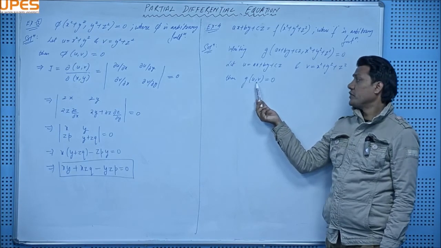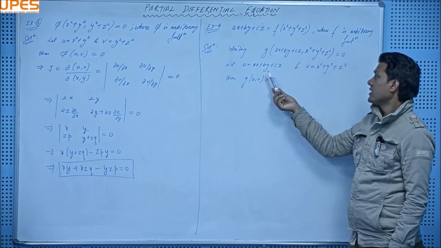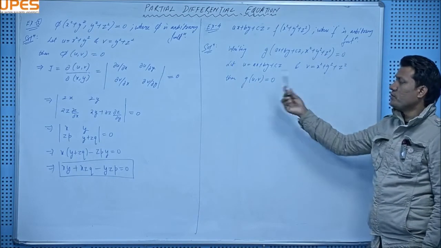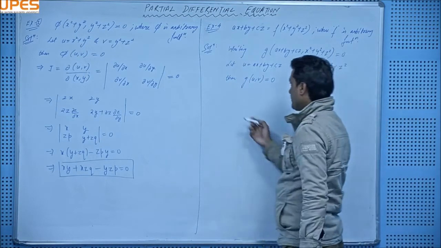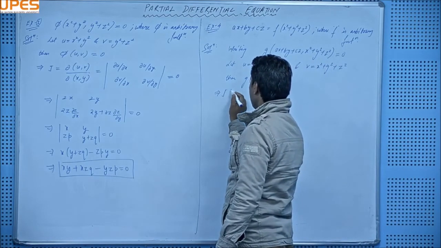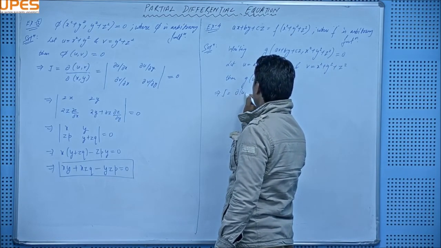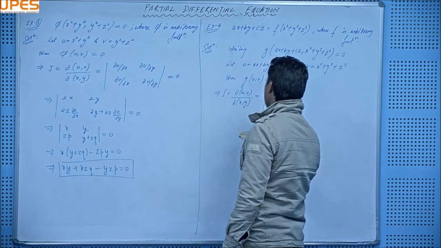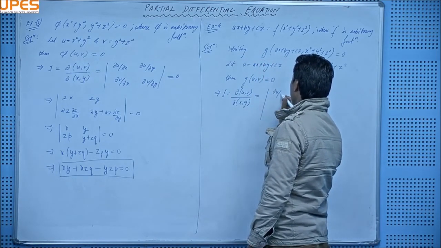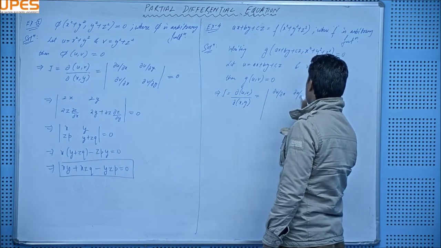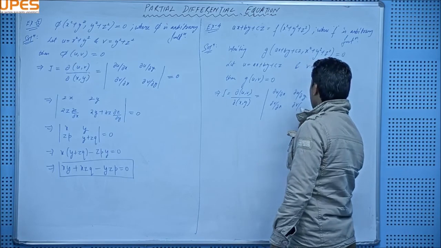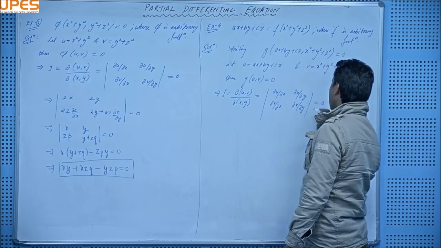Since u and v are actually functions of x, y, and z, their Jacobian should be 0 by the same property. This implies the Jacobian of del u comma v with respect to del x comma y should be equal to 0, and that is actually the determinant of del u over del x, del u over del y, del v over del x, del v over del y is equal to 0.